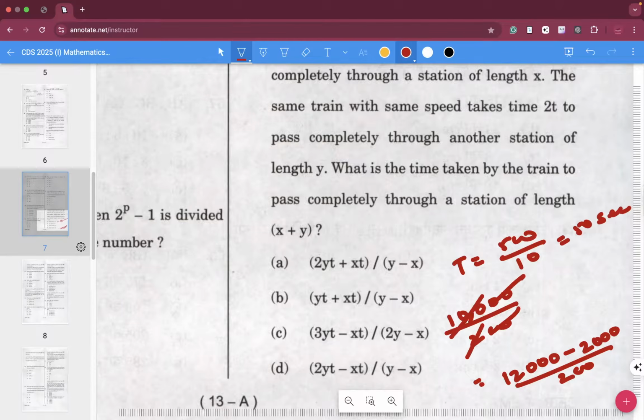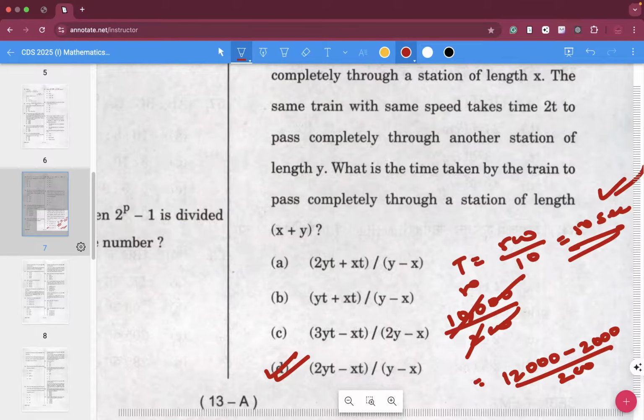This one gone, this one gone. Is that what we got? Is that what we were looking for? D is what we were looking for over here, right? This is what we were looking for, folks.